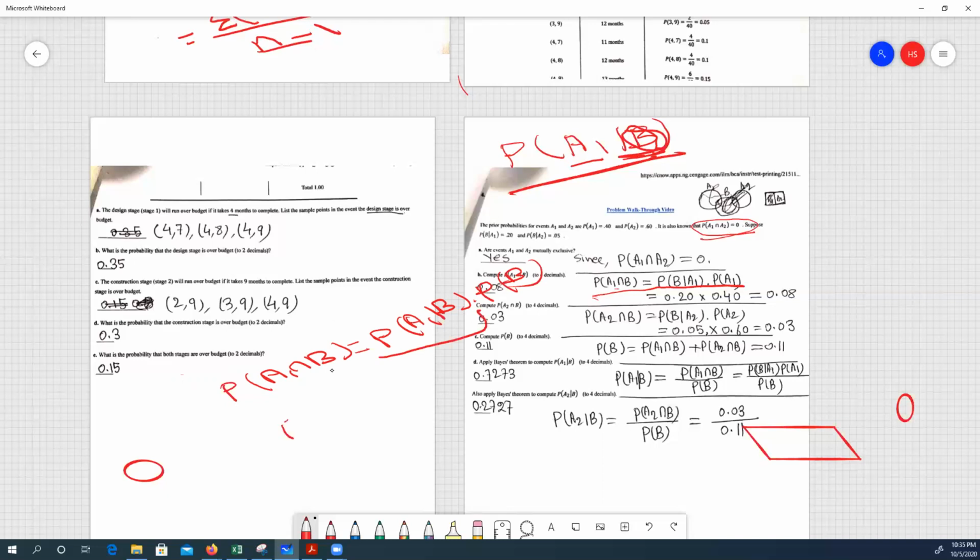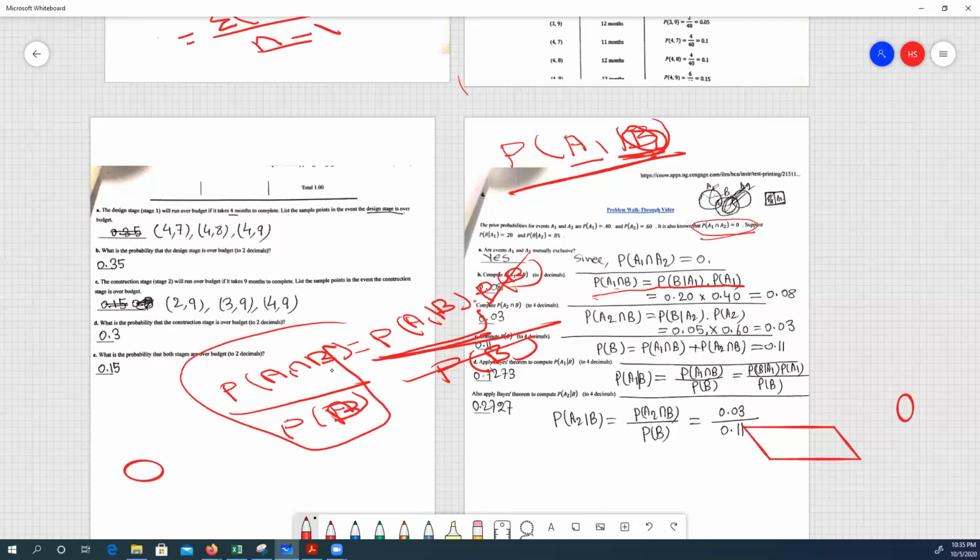So now we can divide both sides by the probability of B. Then we can cancel out this one and this one. Then it will be the probability of A1 given B, which is the probability of A1 intersection B divided by the probability of B. And you can see the formula for this one.